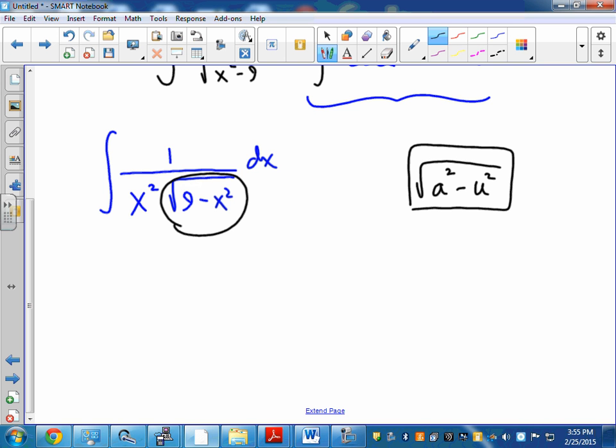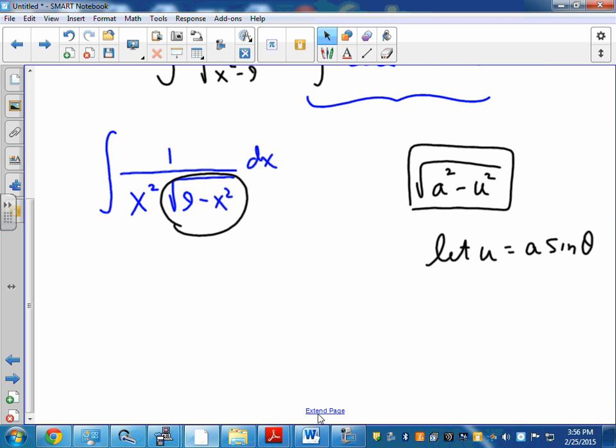I want to write let u equal a sine theta. So for this problem, where I have the square root of 9 minus x squared, I'm going to say let x, that's going to be my u, equal 3 sine theta.